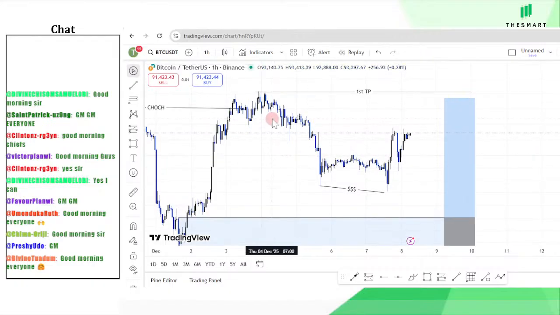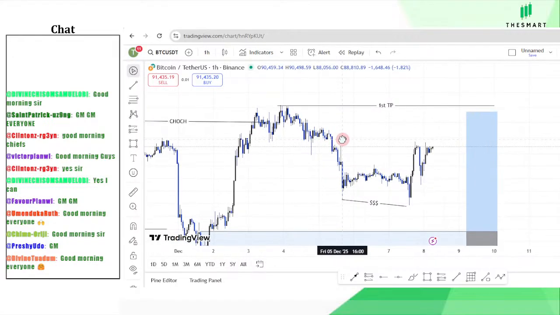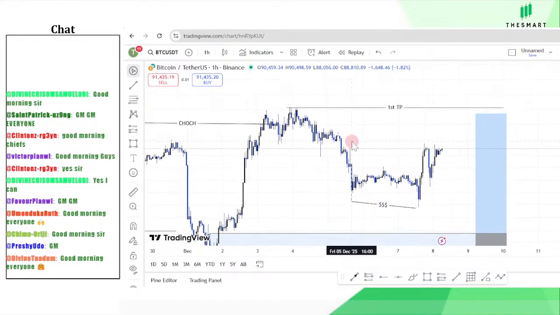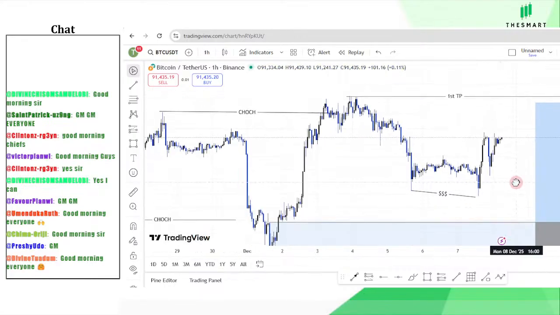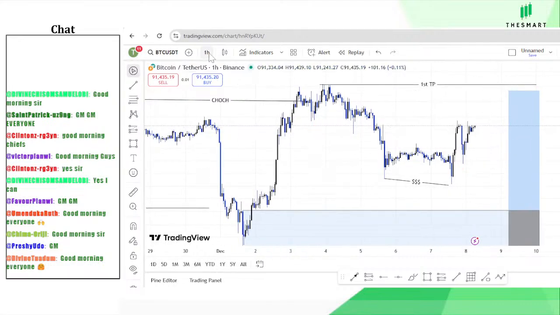I'm not seeing this sell here as a valid sell. Instead, I'm seeing this as just a liquidity trap. But if price should react from this level, because we have a supply at this level, then this. But I'm more interested in the buy than the sell, following that the trend is bullish.